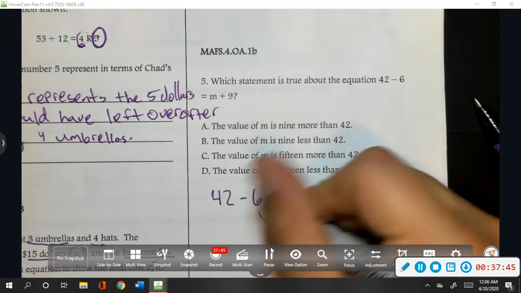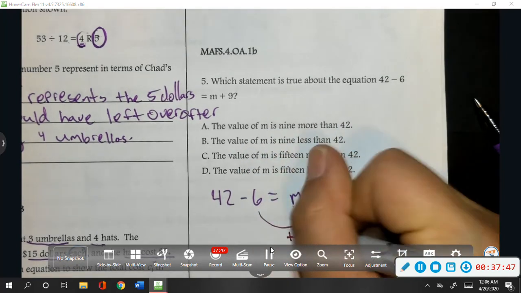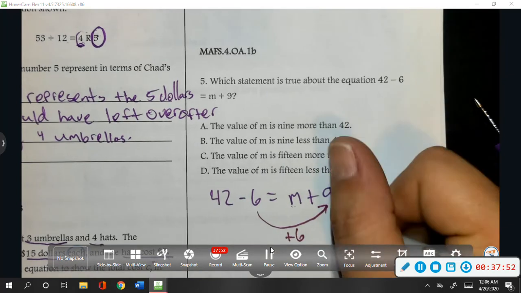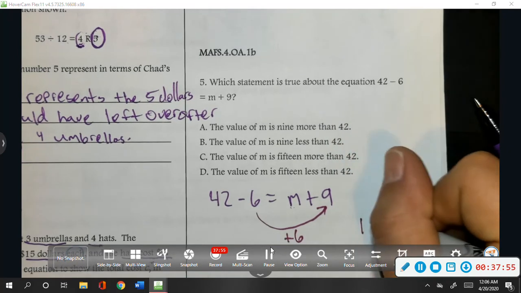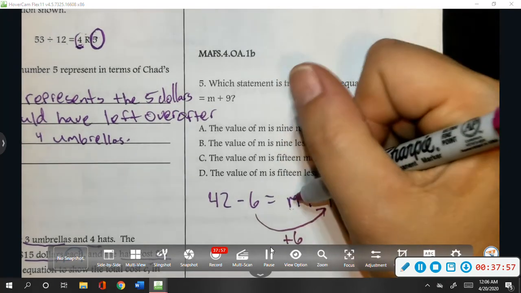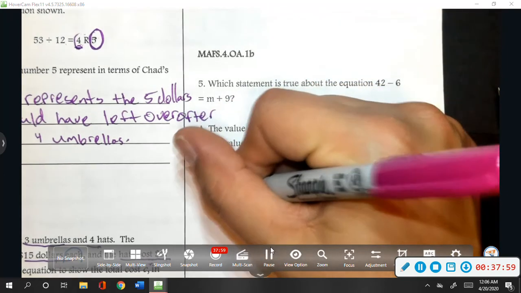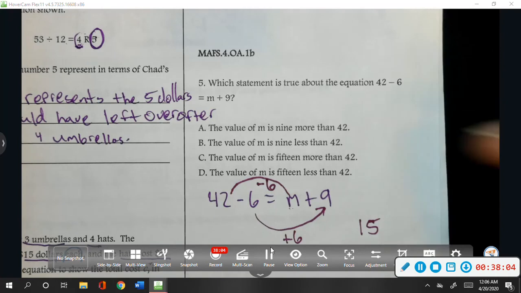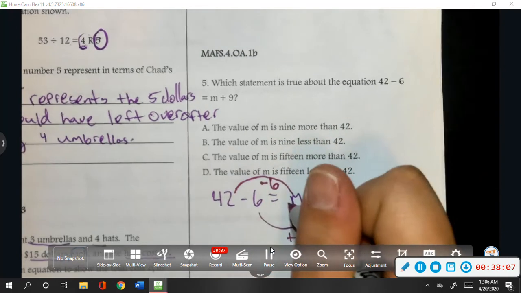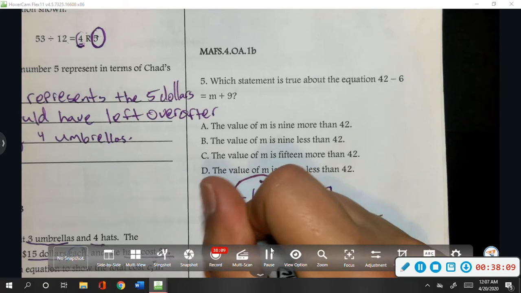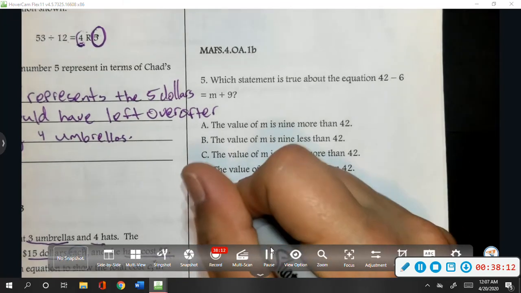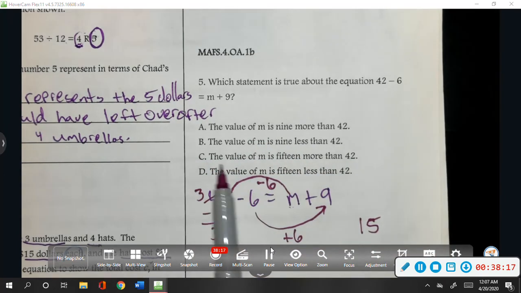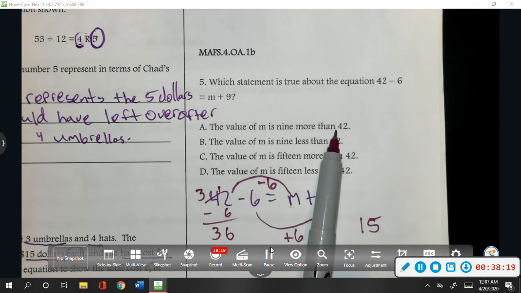If we add 6 to 9, that'd be 9, 10, 11, 12, 13, 14, 15. And we would have to take 6 away in order to balance the equation, which if we took 6 from 42, we would get 36.